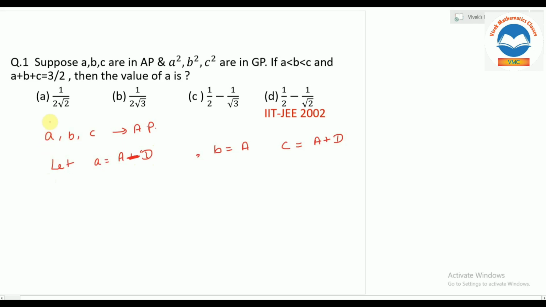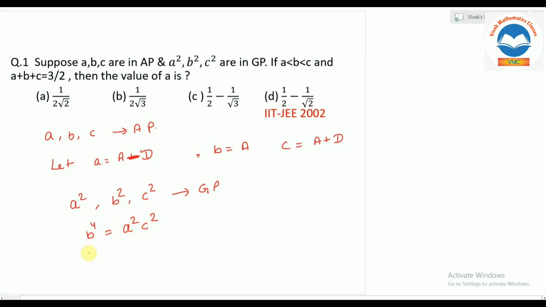Okay. Next, what they have given, they are saying A square, B square, C square are in GP. So we can apply GP rule. Square of middle term, it means B to the power 4 will be equal to product of other two, A square, C square. We know all the values, we will substitute here.